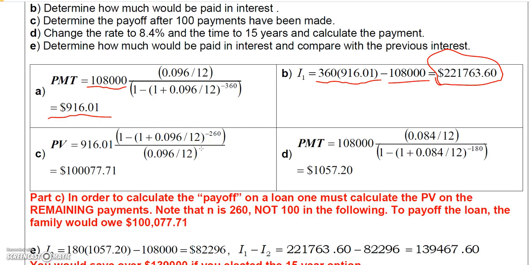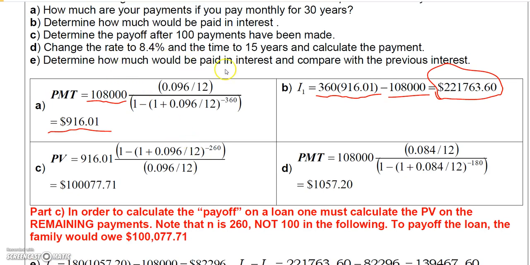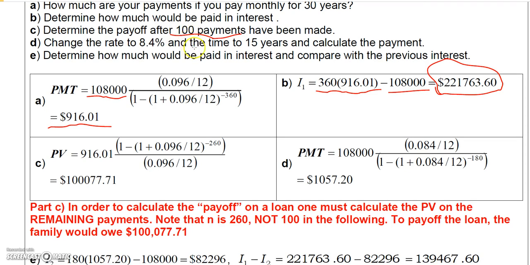All right, now let's go ahead and determine the payoff after 100 payments have been made. So let's say you make 100 payments and you want to know what the payoff is. Okay, well here's the trick. In order to find the payoff, you want to calculate a new present value, but you want to calculate it on the number of remaining payments.